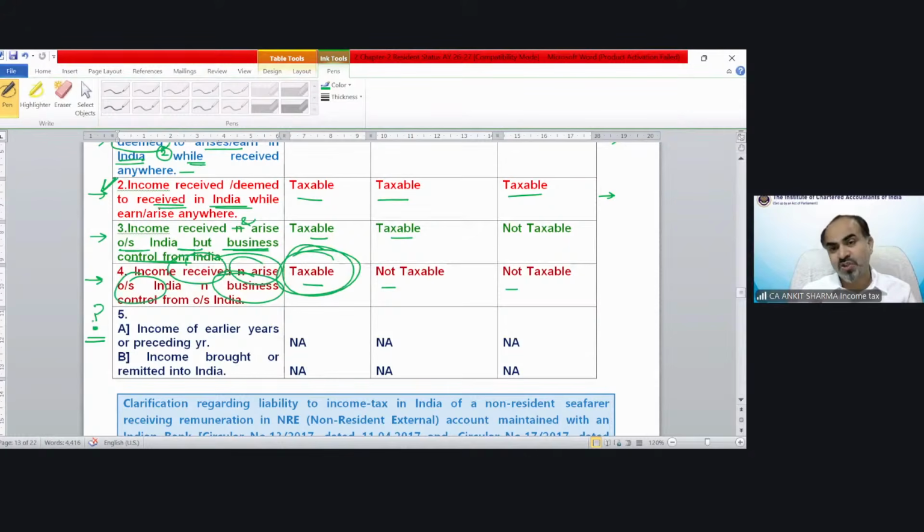And in the question, when points relating to point number 5 are there, it will confuse you. You need not do anything in the point number 5 case. You can see in all three categories we have written not applicable, not taxable, not taxable. We have written not applicable because this point number 5 just wants to confuse you in the question. That is not the real income. So that's why we do not need to do anything with it.